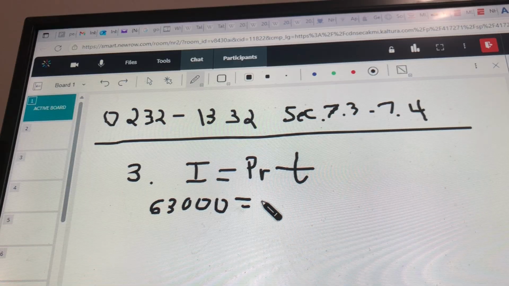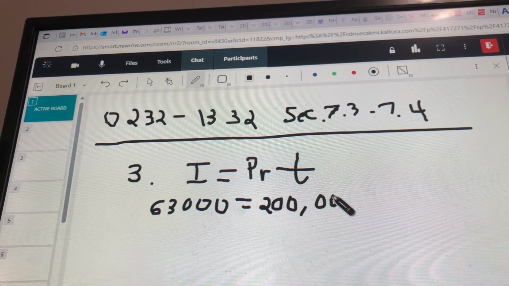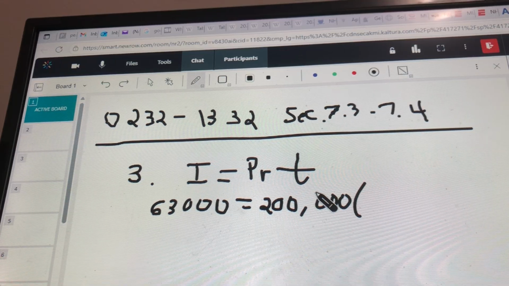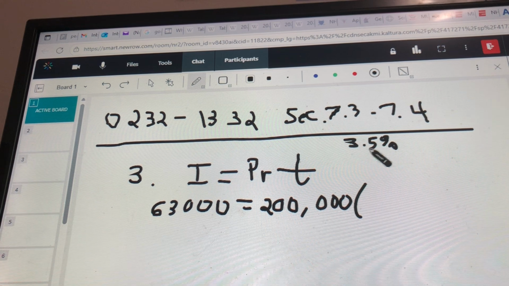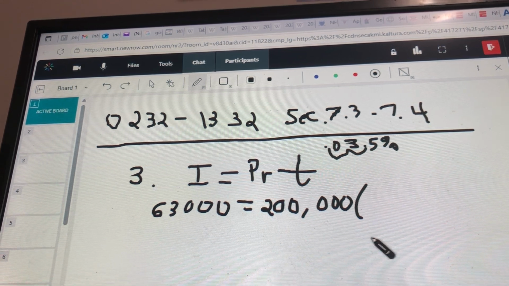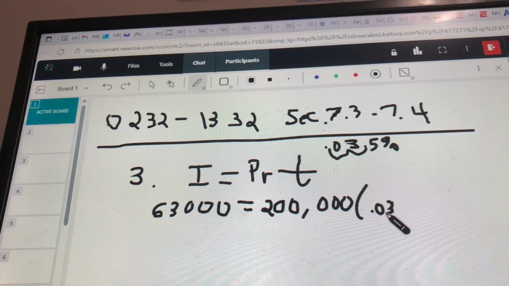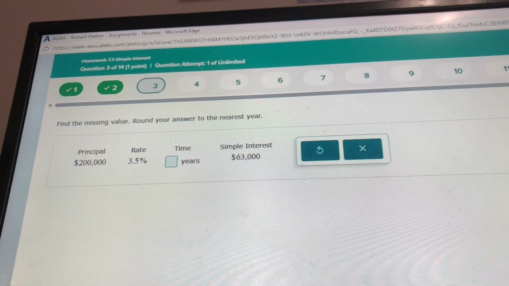The principal or present value is $200,000. The interest rate was 3.5%. So you move it over twice and you get 0.035. And then we don't know T. T is what we're looking for.